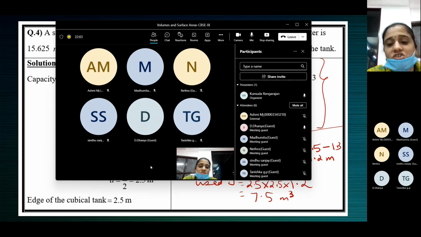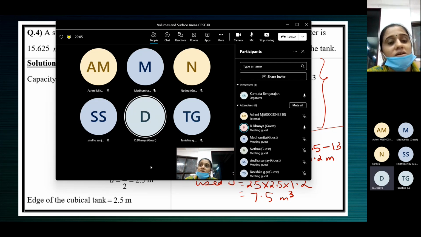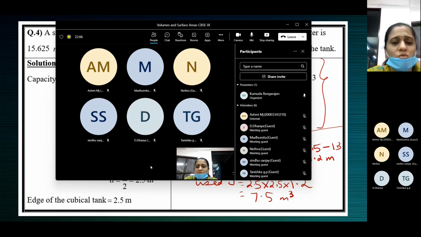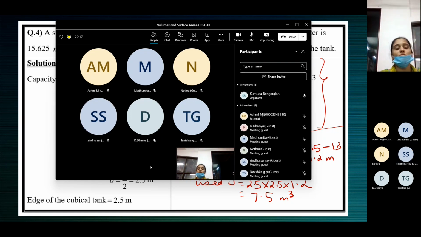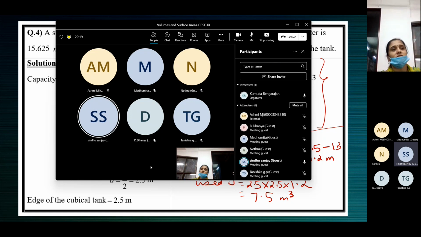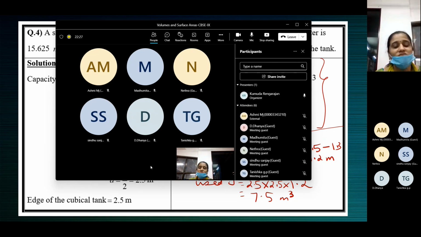What is the length of the water, children? The length of the water in the tank is 2.5. Sanjay, Raja and Arjun told us 2.5.